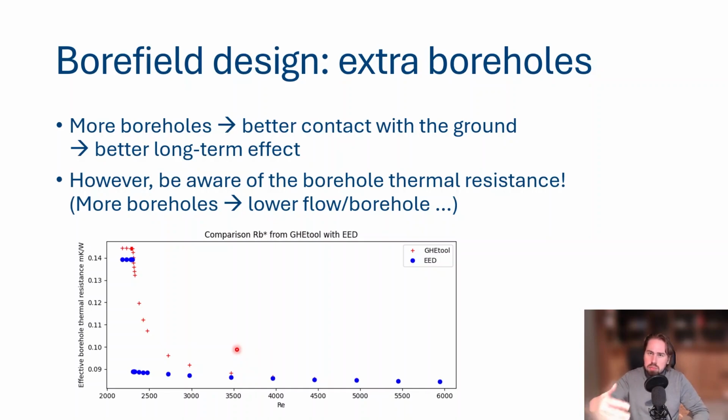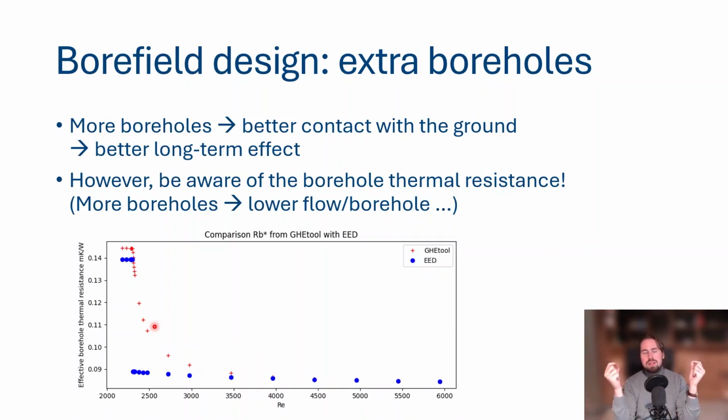Now if we drill more boreholes, and we go for an example from 4 to 5, we decrease our flow rate in each borehole by 25%. So we would drop in our Reynolds number, and this would cause our effective borehole thermal resistance to increase, making it harder to exchange energy with the ground.